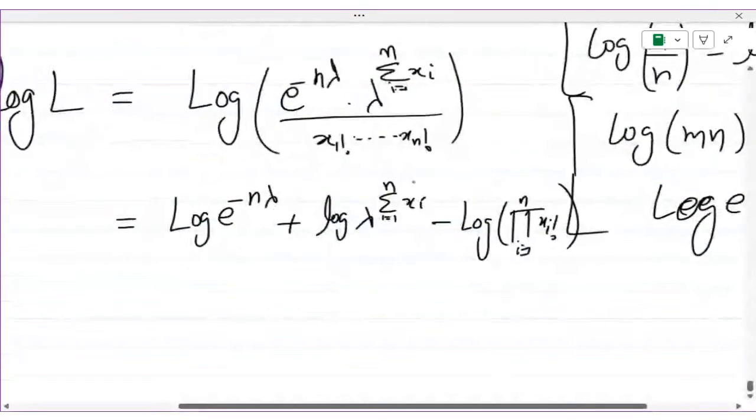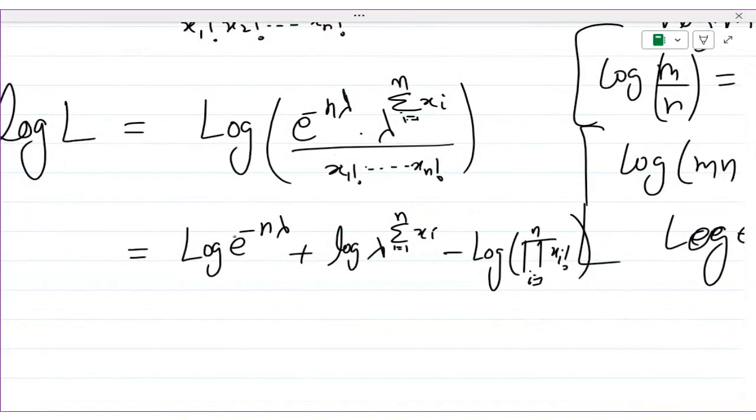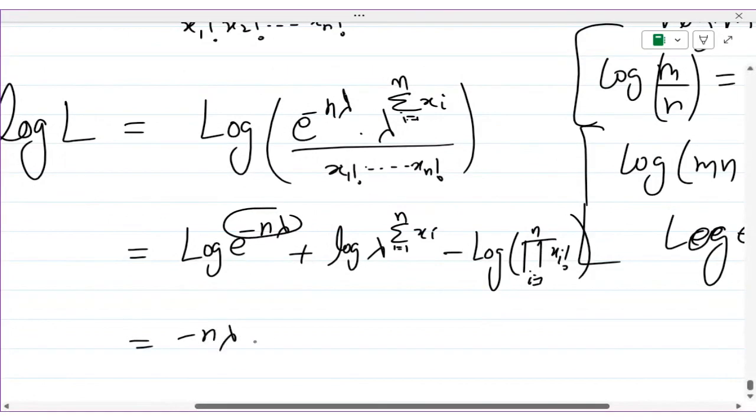So log m upon n is log m minus log n, log m into n is log m plus log n. Now log m power n, so this power will come in the front: minus n lambda in the front. Log e is 1. For the timing, let me write log e here.